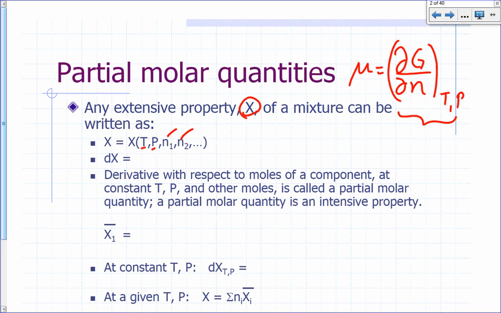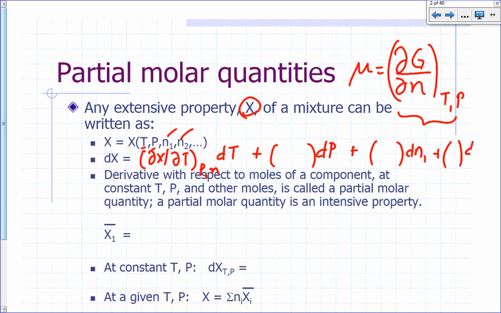So we can write dX then to be the partial of X with respect to temperature at constant pressure and number of moles, dT, plus another partial derivative, dP, plus another partial derivative times dn1, plus another partial derivative times dn2, and so on. So what partial derivatives go here? This would be the partial derivative of X with respect to P holding temperature and number of moles constant.